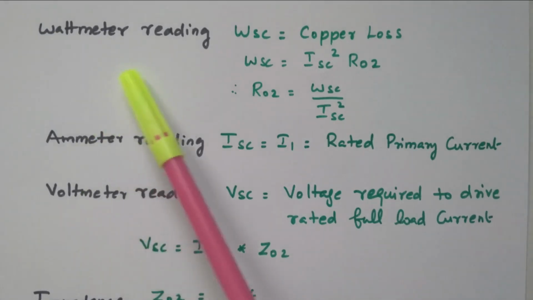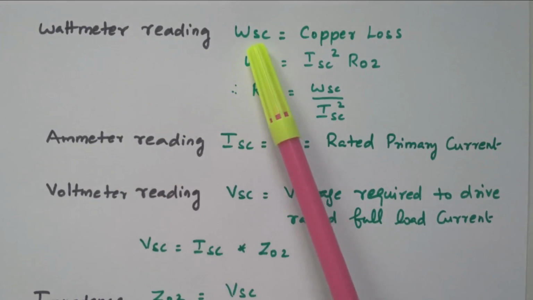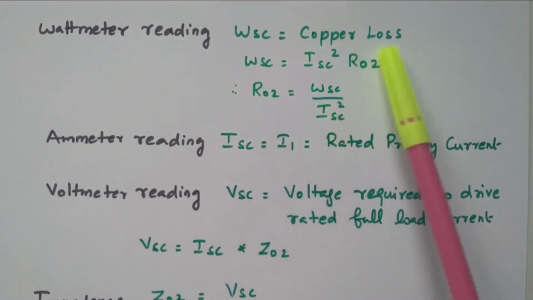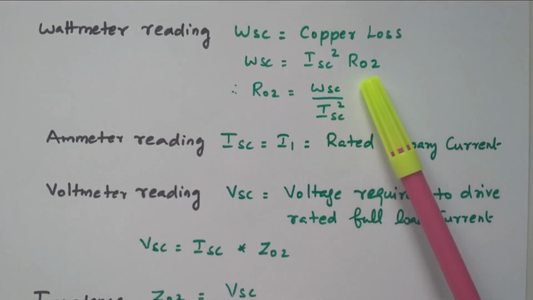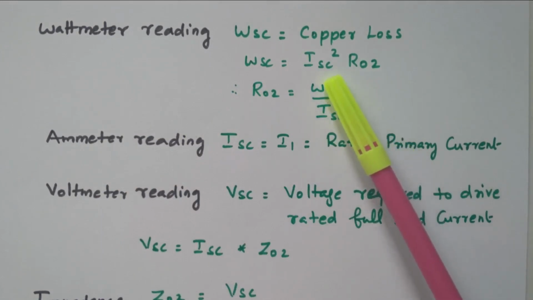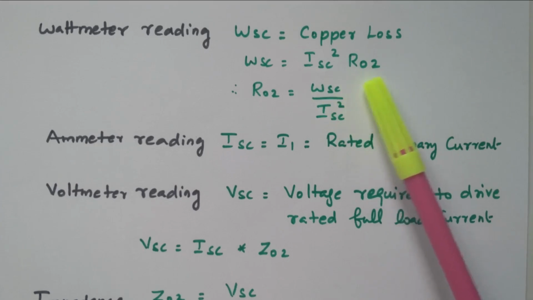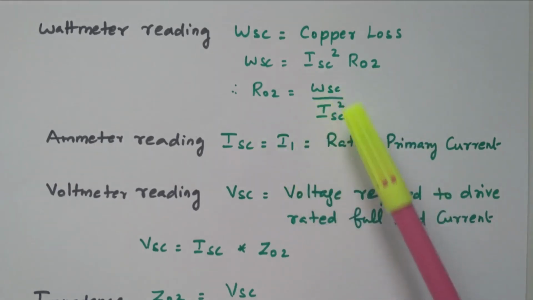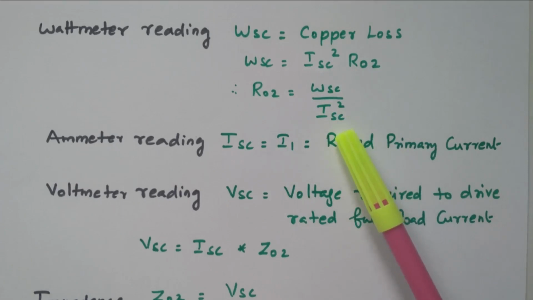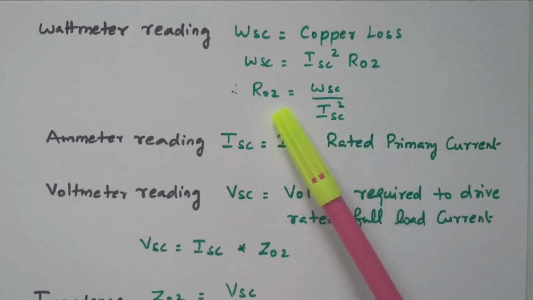Therefore, the wattmeter reading WSC, the short circuit power, is equal to the copper loss. Copper loss is ISC squared into R02. ISC is the short circuit current and R02 refers to the secondary side. So R02 equals WSC divided by ISC squared. Our one aim is to find this R02.